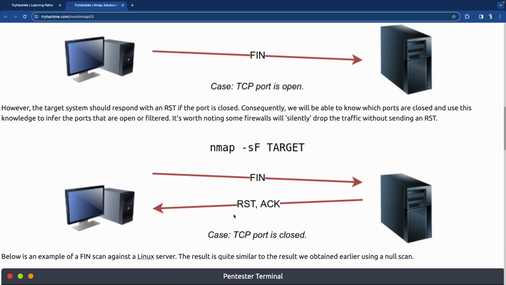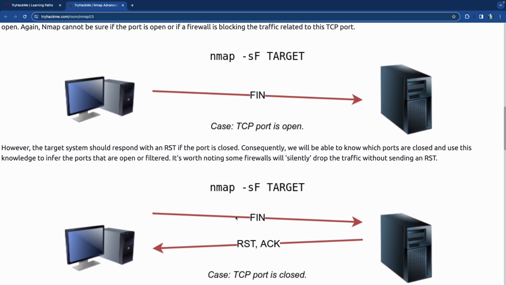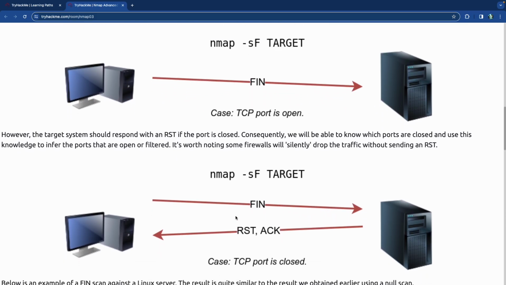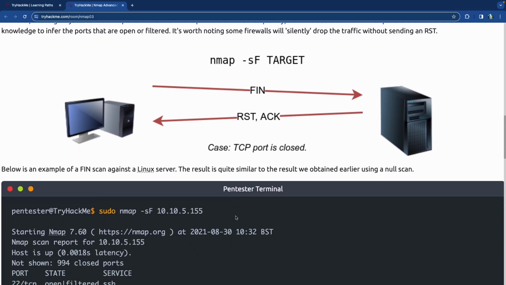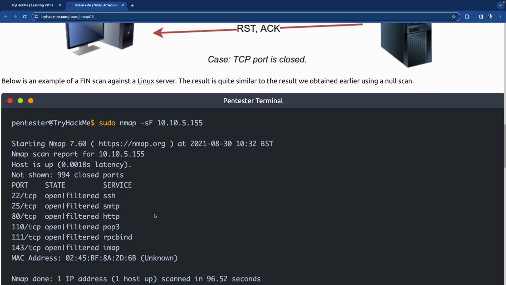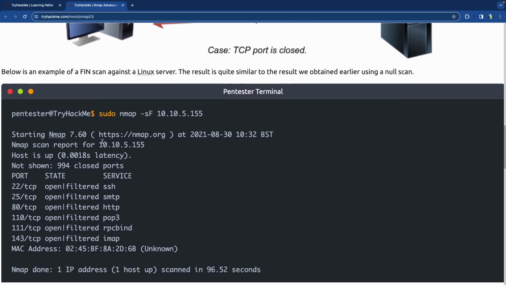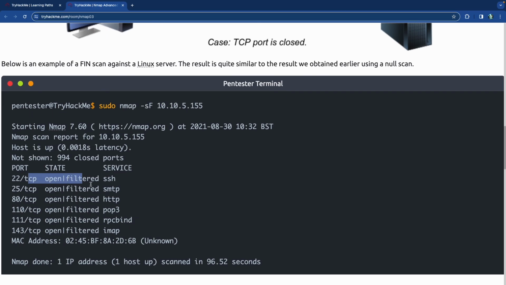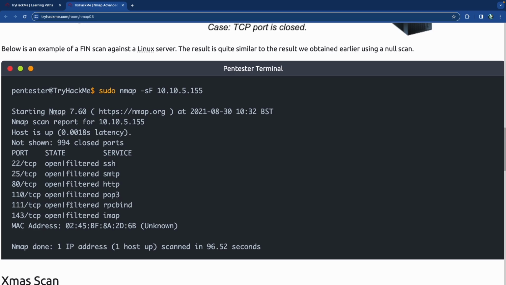So if there's anything open, or at the very least, I think what it does is it shows you which ones are closed. Based on what's closed, you deduce which is open. Or Nmap would actually do it for you. This is kind of what it looks like, right? Sudo nmap -sF, the target, and then it shows that these are potentially either open or filtered, meaning that they're going through some kind of firewall, because they didn't come back as exactly closed.